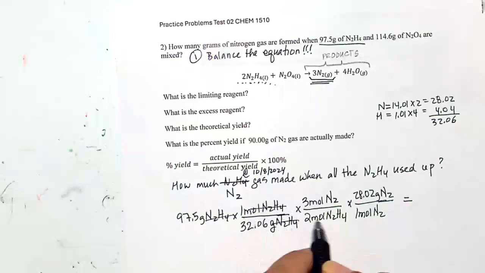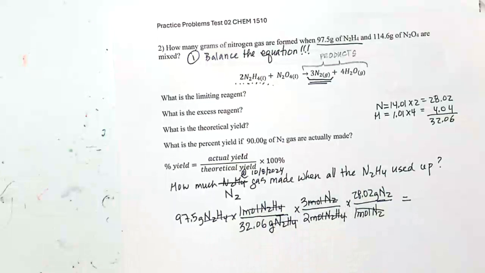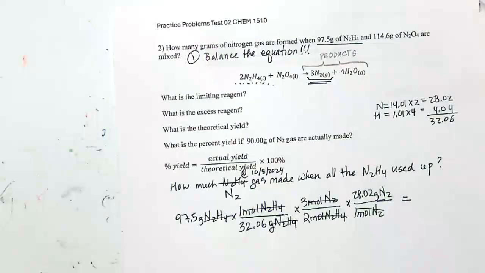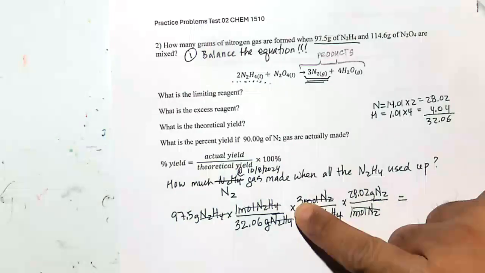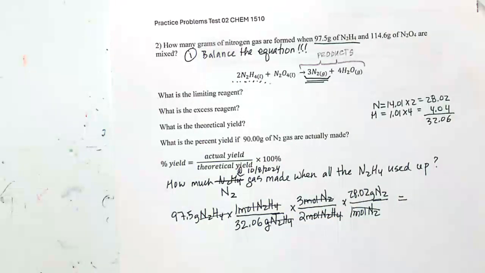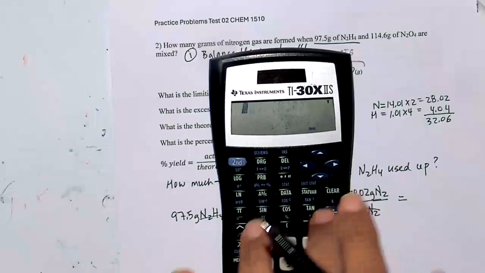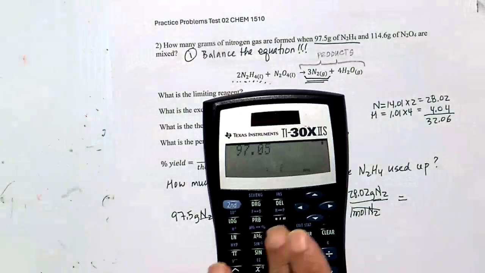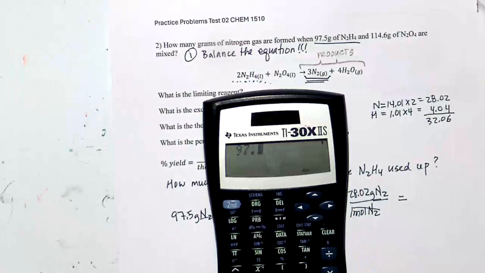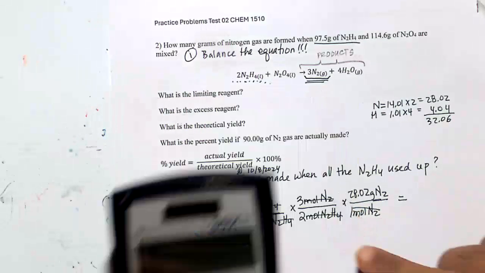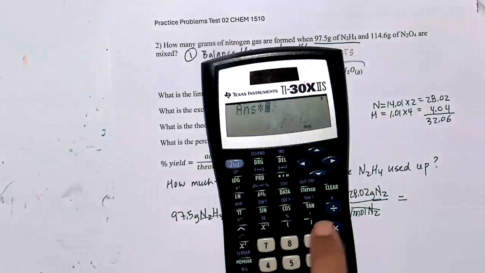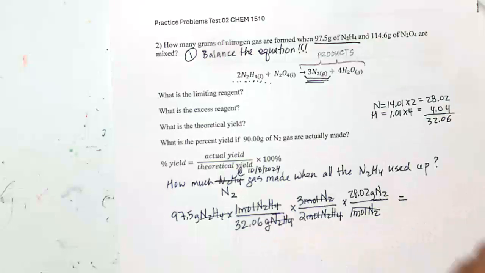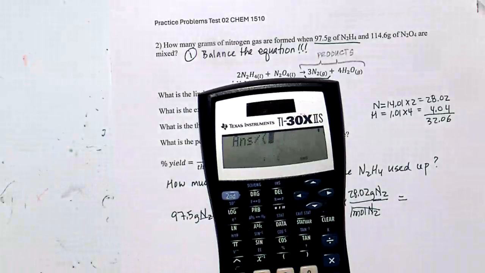Let's cancel out our units. The grams cancel, moles cancel, moles of N2 cancel. So I have 97.5 times 3 times 28.02, divided by 32.06 times 2.